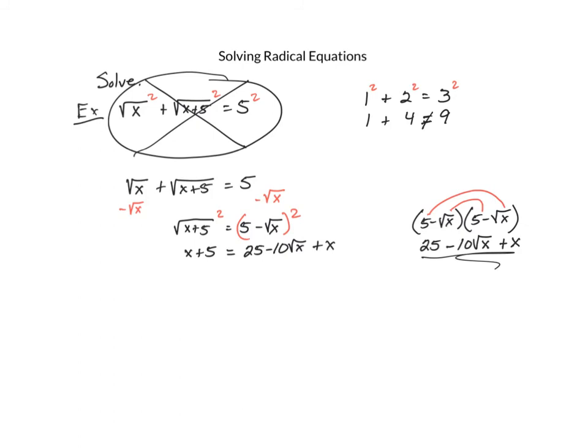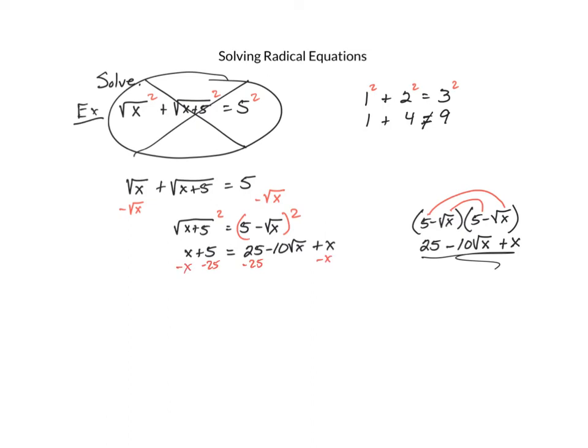So now our equation has gone from 2 square roots to 1. Let's isolate this square root right here. So that means we are going to need to subtract 25 and subtract x. Let's do that. So I'm going to subtract 25 from both sides and subtract x.